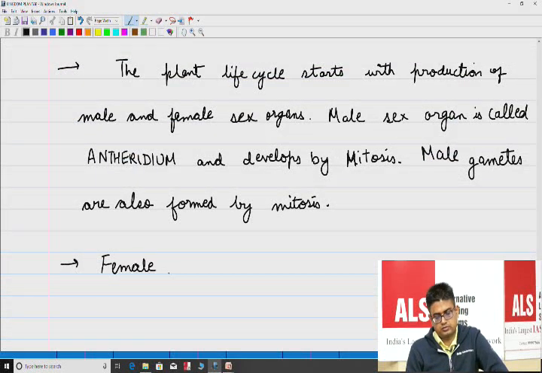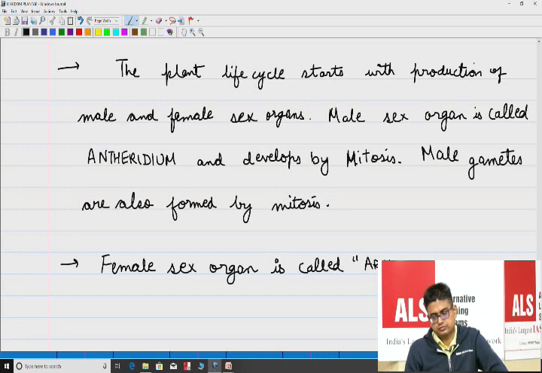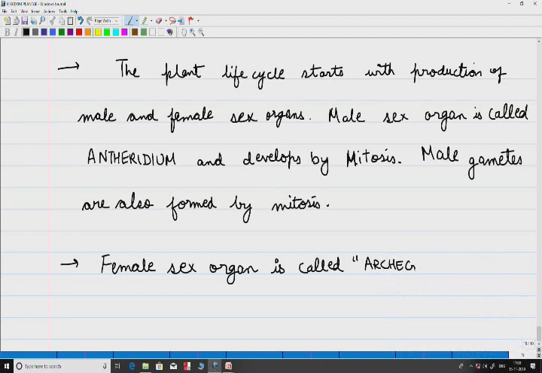Female sex organ is called archegonium, and it develops by mitosis.